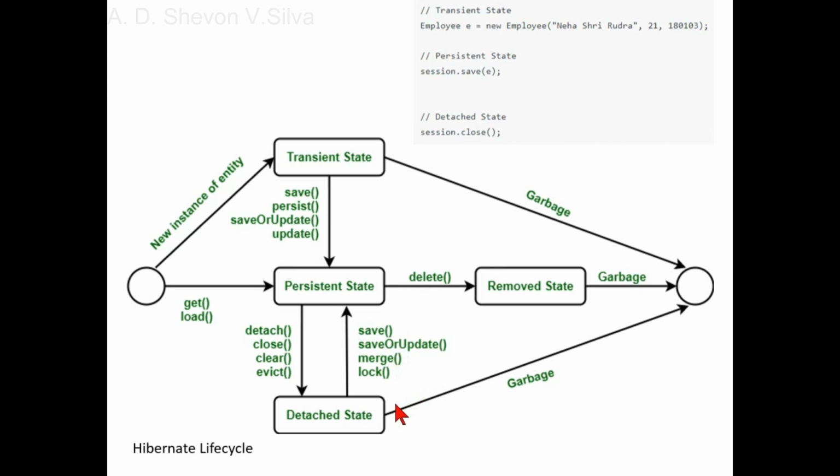The following are the methods used for the detached state: session.detach(e), session.evict(e), session.clear, session.close. Here the transient state, here the persistent state, here the detached state.